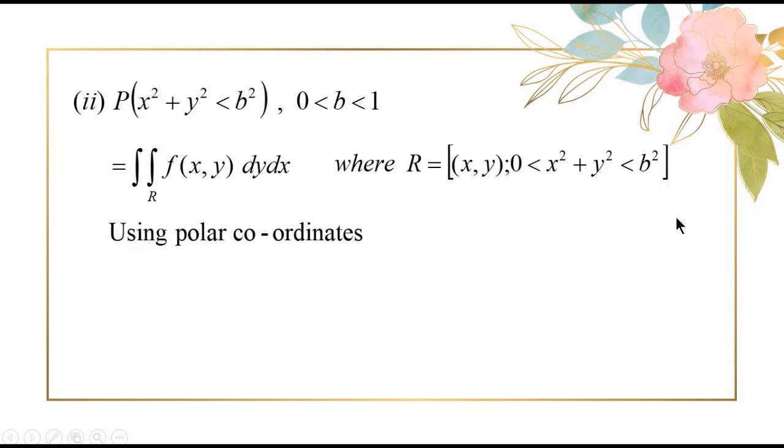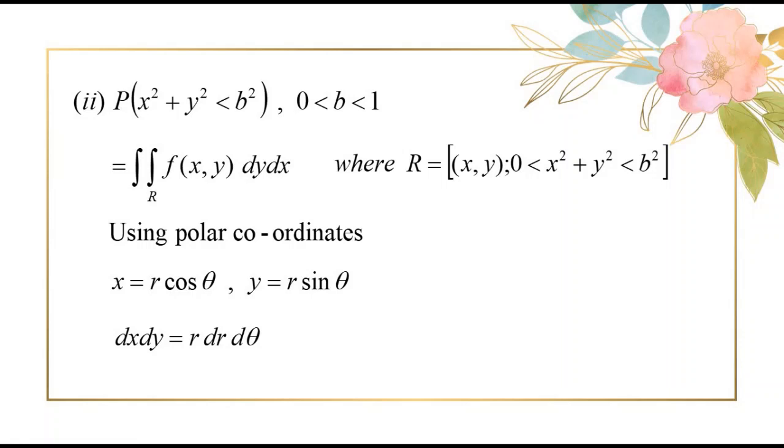Now we are using polar coordinates to solve that. Since it is a circle equation, we can take x equal to r cos theta and y equal to r sin theta, where the radius minimum value is 0 and maximum value is 1, because here b is from 0 to 1. And what is dx dy? It is r dr d theta.